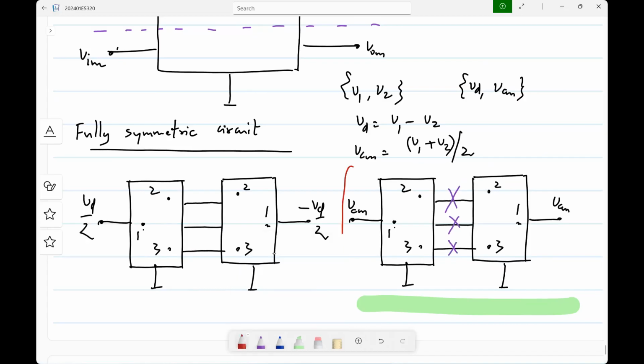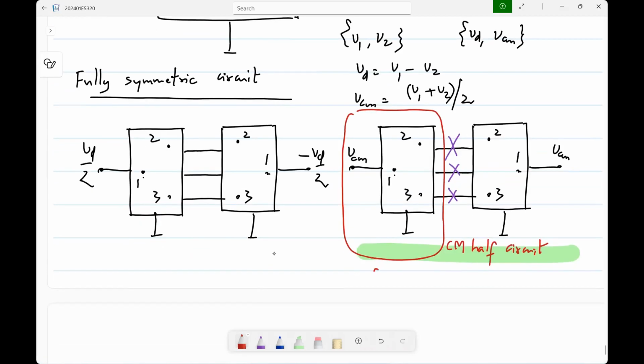So this is the common mode half circuit. Essentially, you open circuit the connections between the two halves.